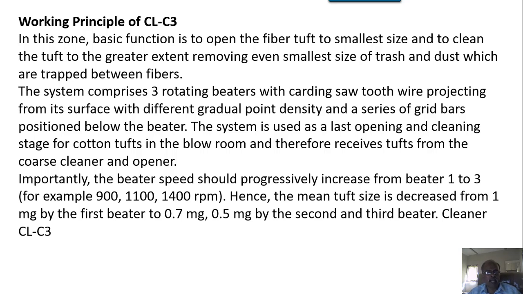The distance decides the intensity, the distance between the beater and the assisting element, the grid bar in conventional lines. That decides how intensively the cotton will be beaten in that beater chamber, and then it will go ahead. And what kind of covering you have on the beater will also decide the intensity of beating. These are some of the values, the speeds, the micrograms removed, the tuft size removed, etc.